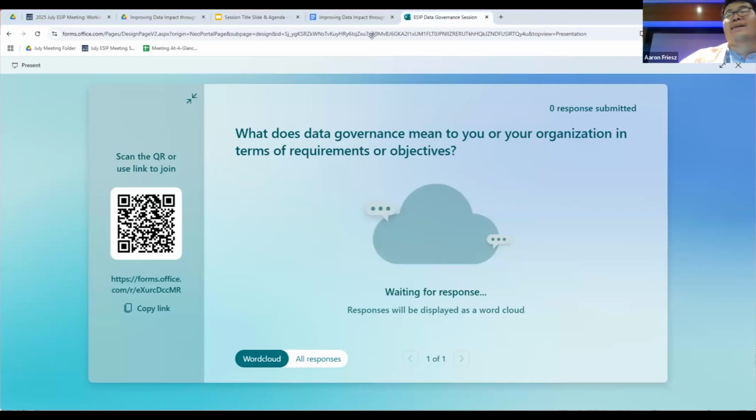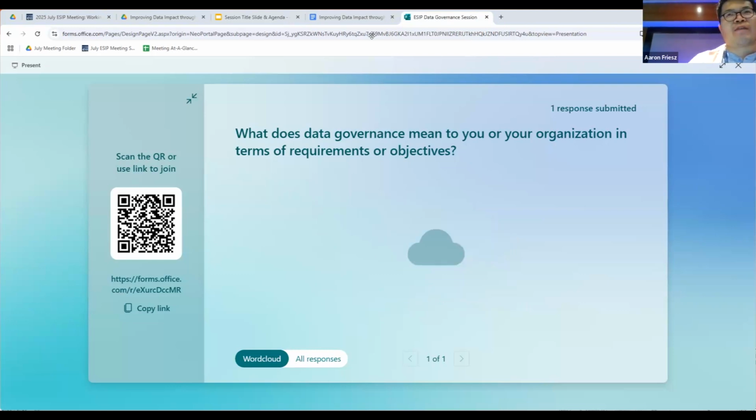We're asking exactly the same question we asked a year ago: what does data governance mean to you or your organization in terms of requirements or objectives? It will be really interesting to see how things have changed year over year, with all the things that have happened. If you live in Asheville, you lived through a flood and hurricane.